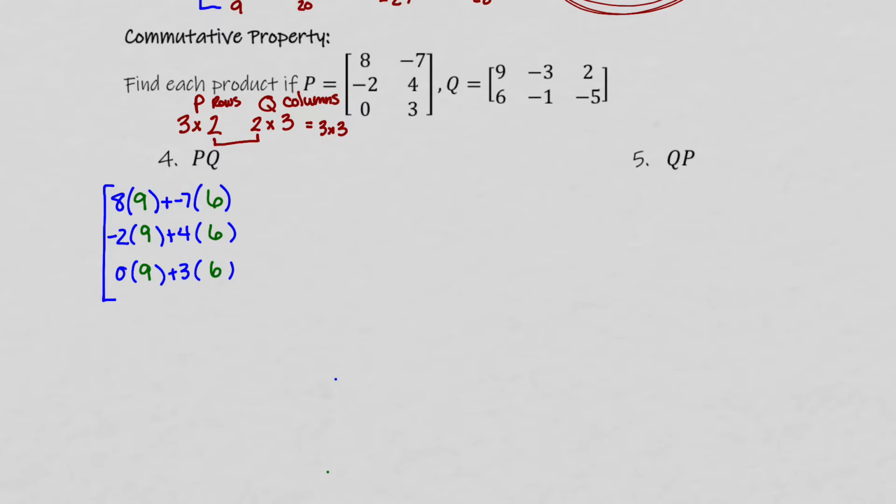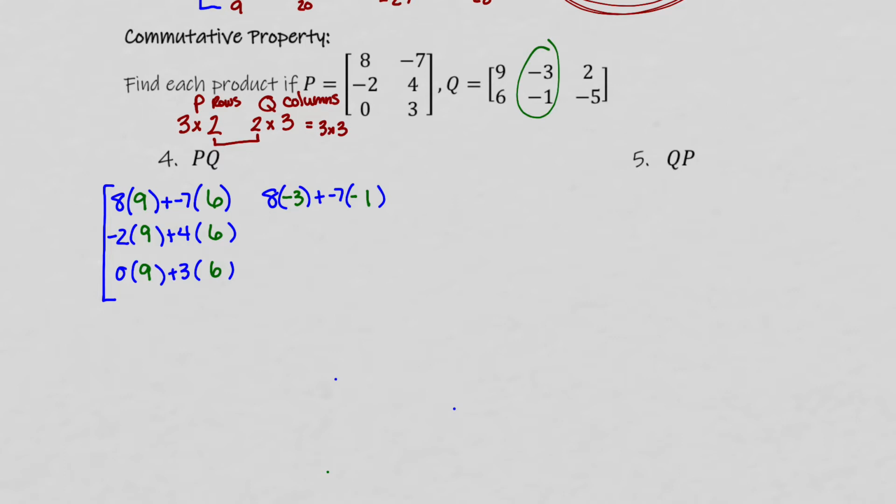All right, so let's move over and deal with the second column here. Okay, I'm going to start in the first row and use the second column. So I get 8 times something plus a -7 times something, and that something is -3 and -1. Actually, I can leave that circled since I'll use it a lot.